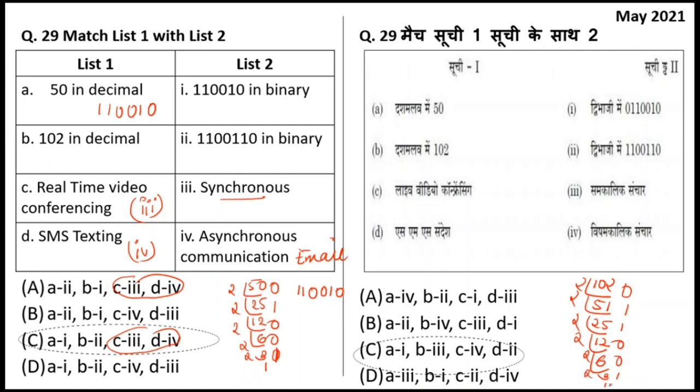So here it will be 1 1 0 0 1 1 0. So the answer is 102 is this much in binary. Okay. Now you will be able to convert decimal to binary. Very simple. Okay.